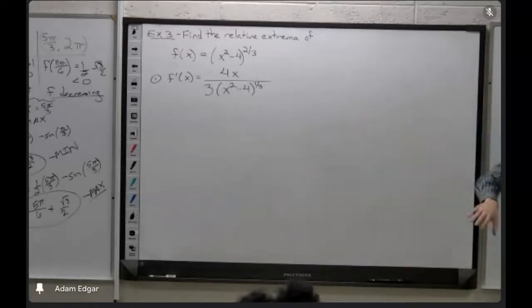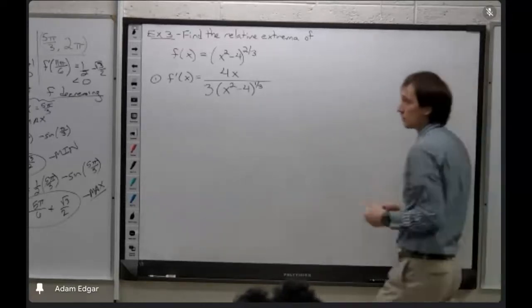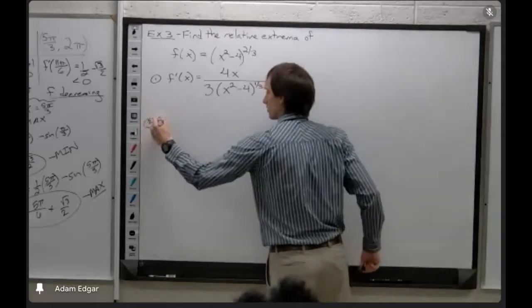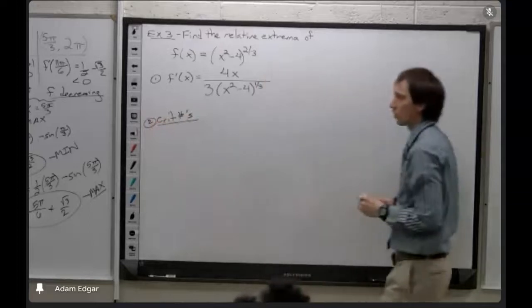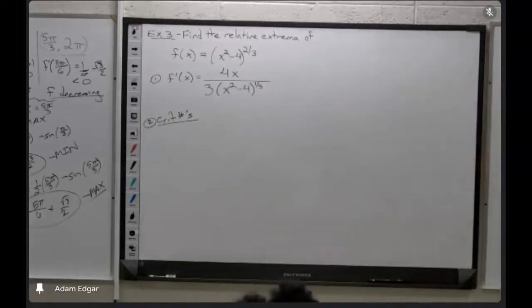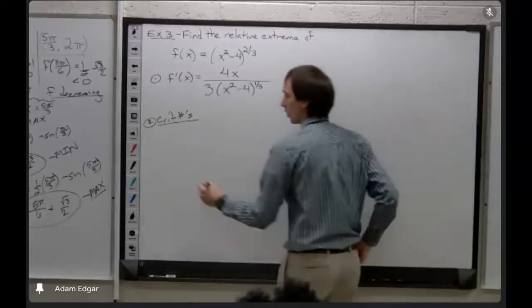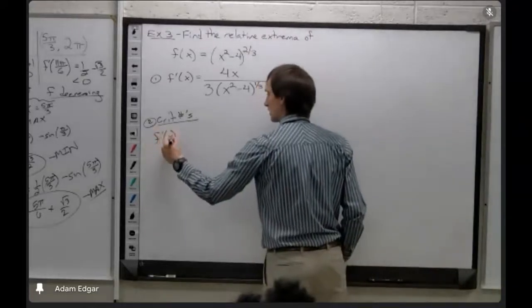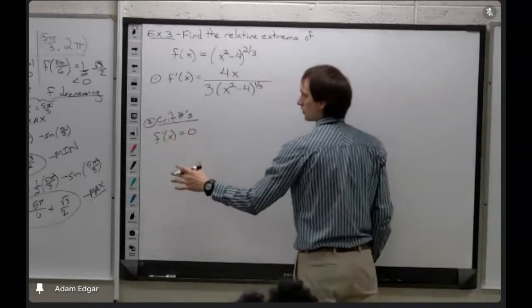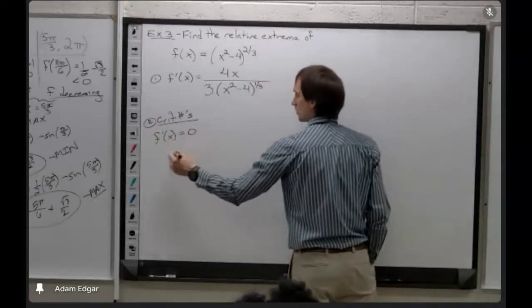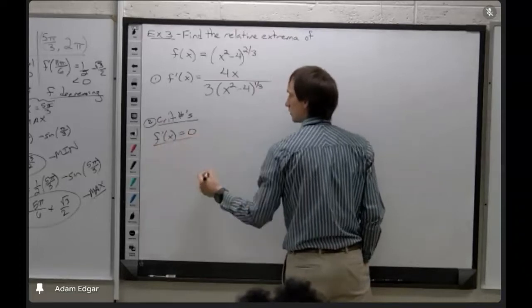So now, step 2, you get your critical numbers. And remember, critical numbers are numbers that do what to your derivative? Make it 0 or undefined. So for f prime of x equals 0, what's your solution for x? 0.